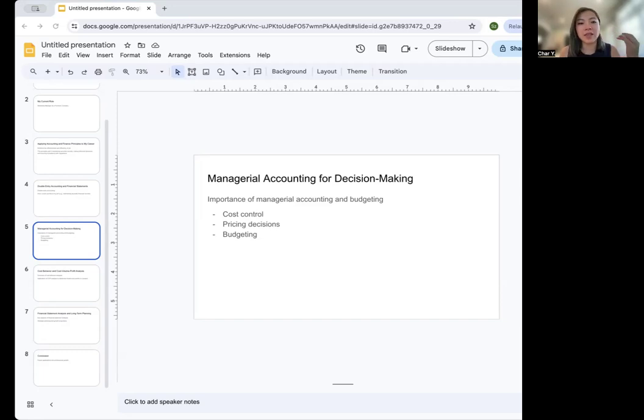In the midst of that, I realized, wow, our shipping cost actually takes up a good chunk of our profit. Cost control becomes really important because budgeting and variance analysis can help control the cost and identify areas where efficiency can be improved.